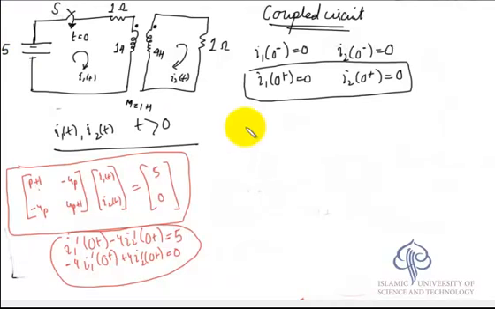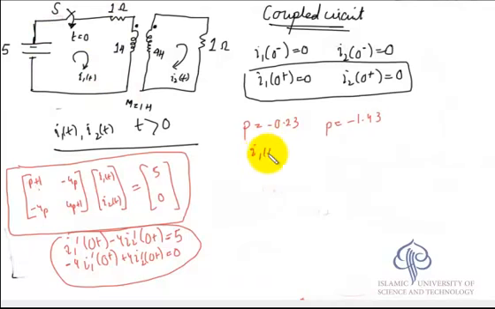One is p is equal to minus 0.23, the other is p is equal to minus 1.43, and for the particular integral, the steady state value of the current here is going to be 5 amperes.